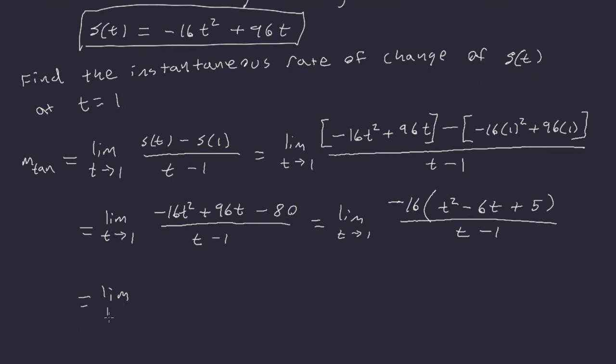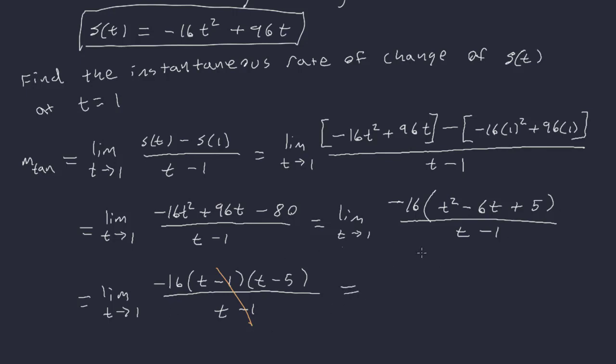So we'll get the limit as t goes to 1 of negative 16 times t minus 1 times t minus 5, all over t minus 1, and we get a cancellation there.